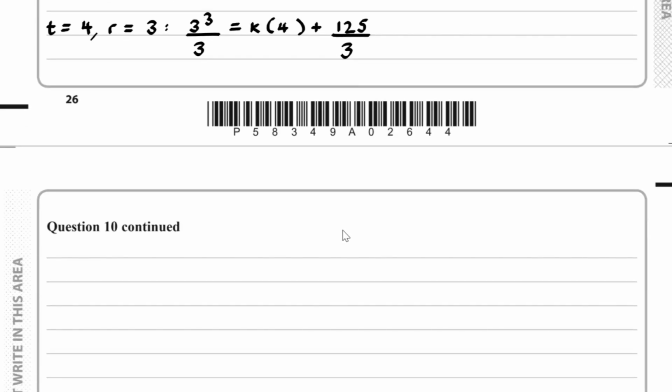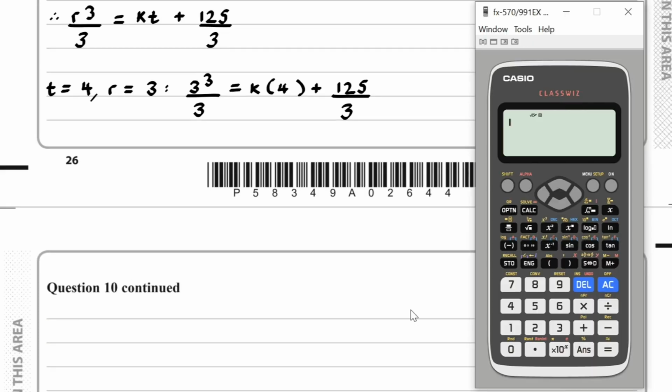So if I find out what k is, I've got 3 cubed divided by 3, take away 125 over 3, divided by 4, so I get minus 49 over 6 for k.